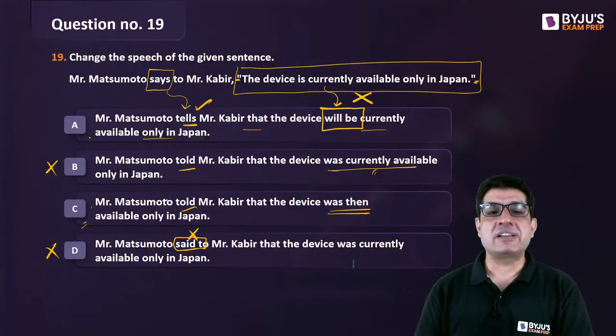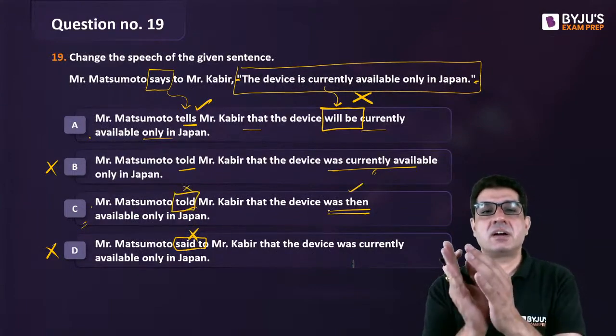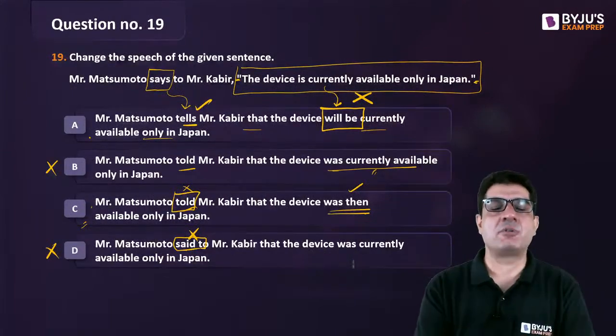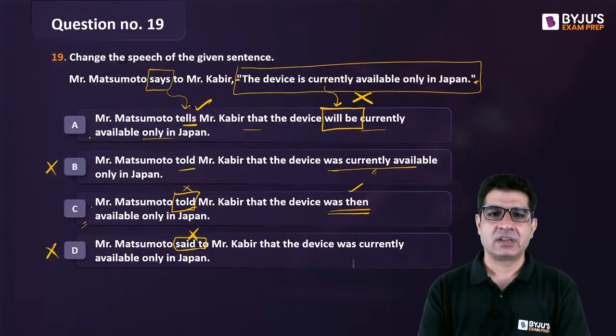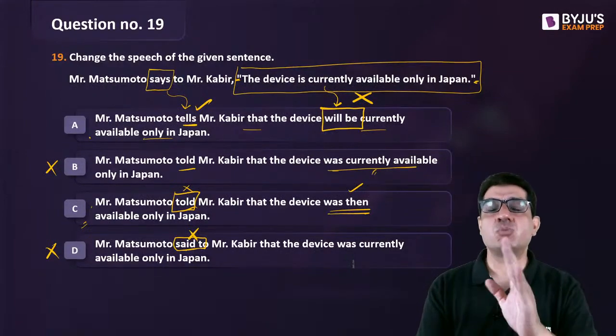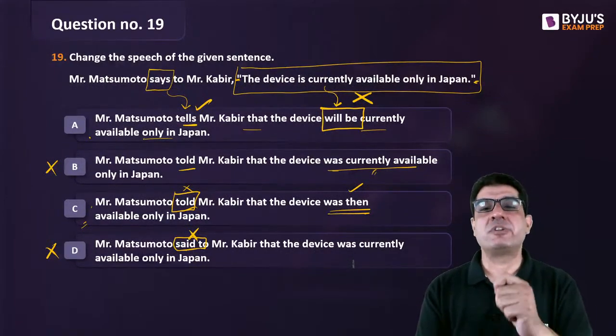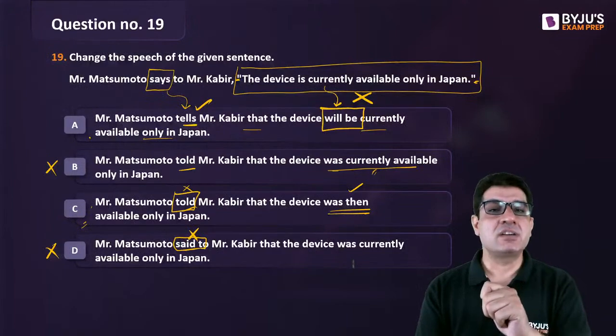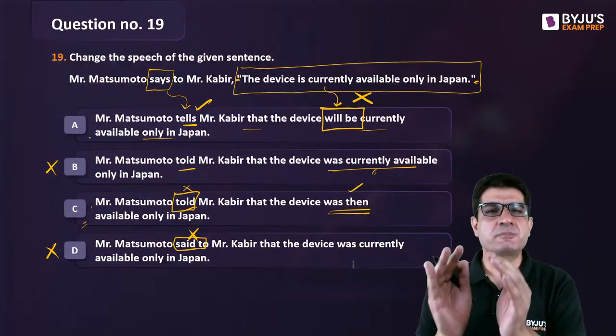Whereas C makes a mistake in the reporting verb part. So both the sentences A and C are actually grammatically incorrect, but because I have to choose one, I will go with the one which has a smaller mistake. I will go with C because it keeps the heart intact.